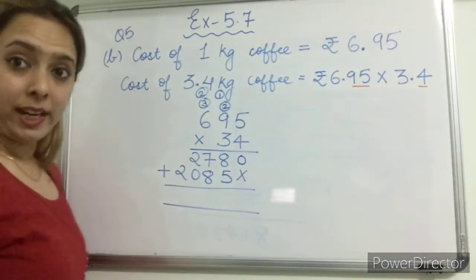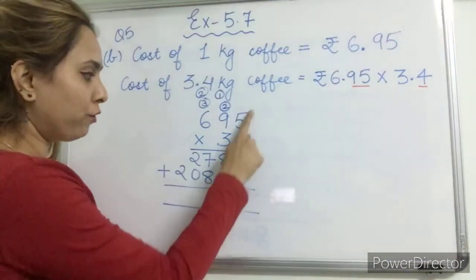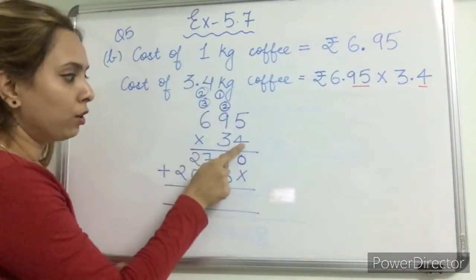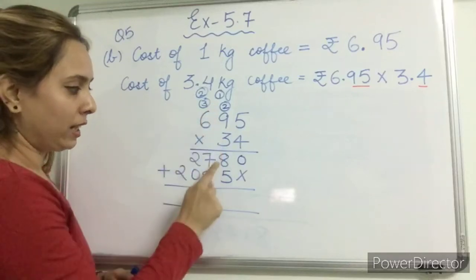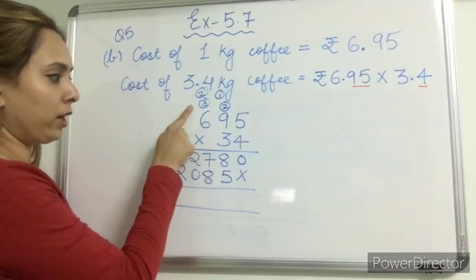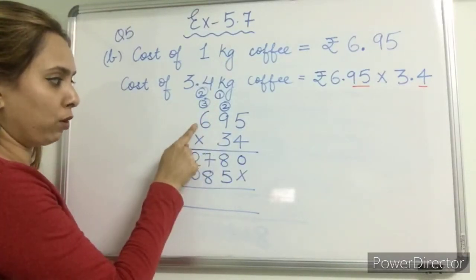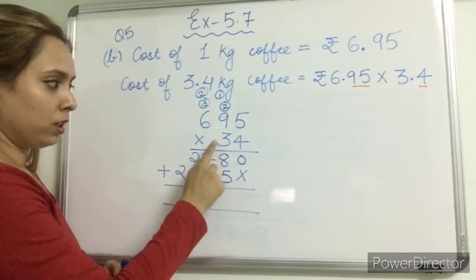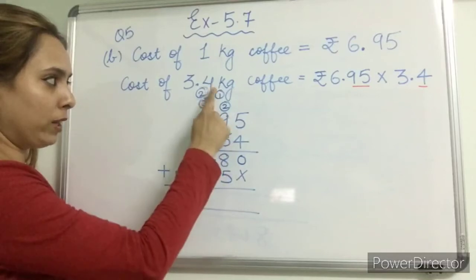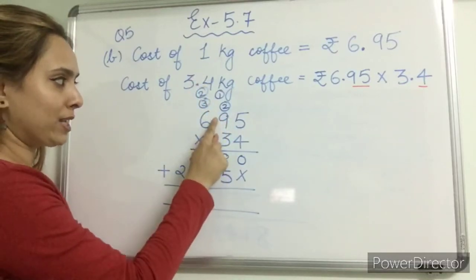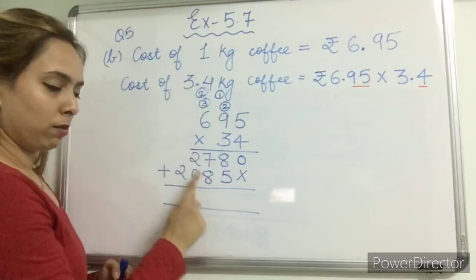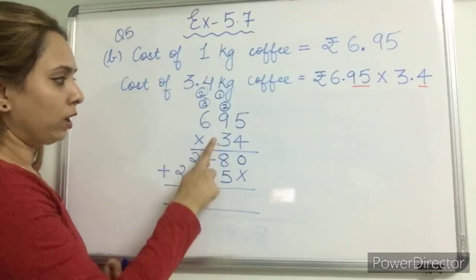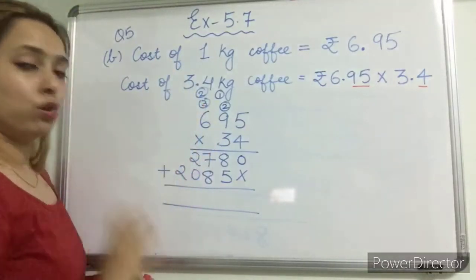Let's check it again because I have made a mistake here. 4 5s are 20, 2 carry over, 4 9s are 36, 37, 38, 8 is here, 3 carry over, 4 6s are 24, 24 plus 3 is 27. Then put a cross here. 3 5s are 15, 5, 1 carry over, 3 9s are 27, 27 plus 1 is 28, 2 carry over, 3 6s are 18, 18 plus 2 is 20.